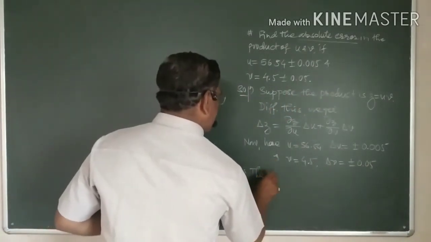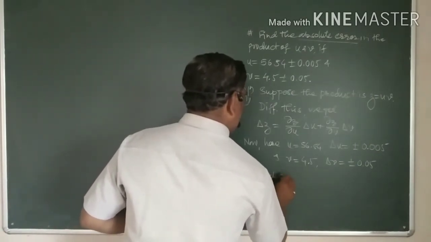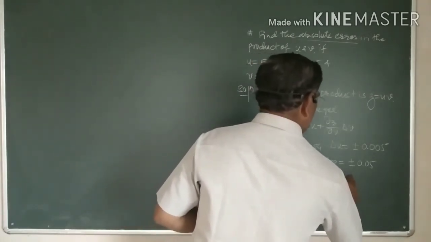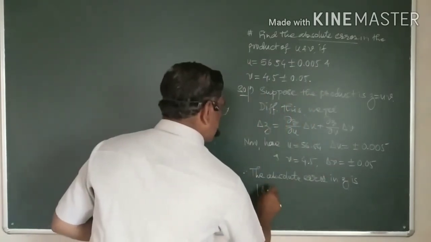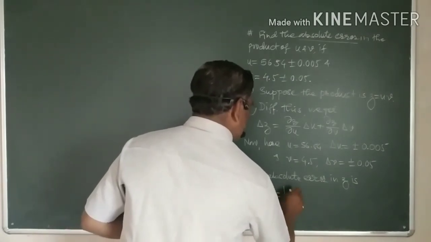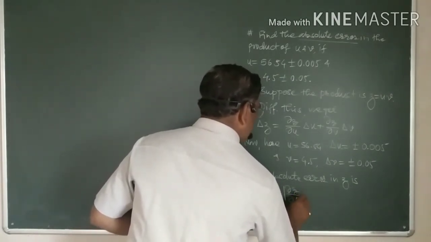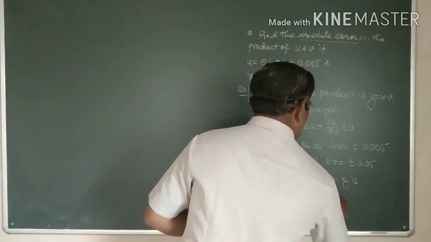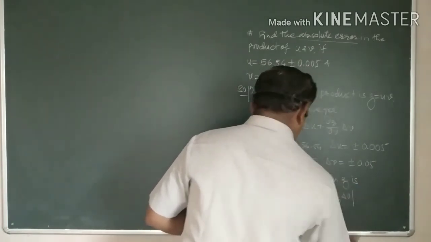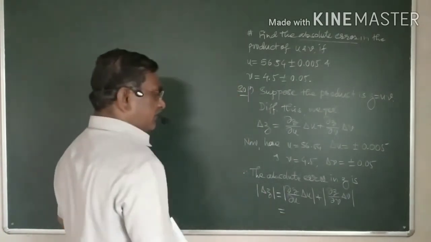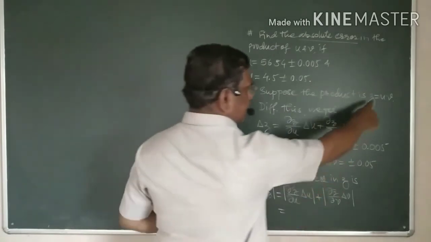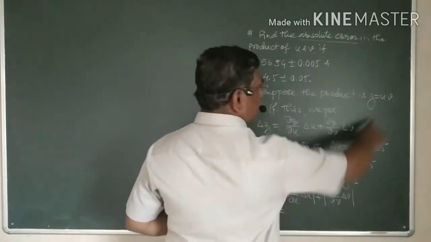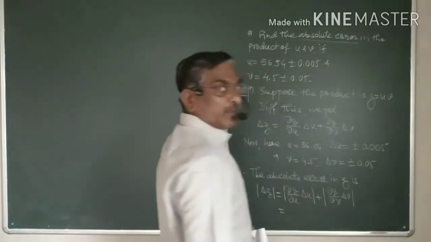the absolute error in Z is, del Z is equal to mod of delta Z by delta U, del U plus mod of delta Z by delta V del V. This is equal to the derivative of Z with respect to U, as Z is a function of U and V, or U into V. Differentiate this first with respect to U, using the product rule.